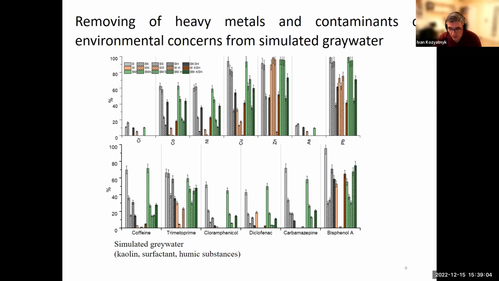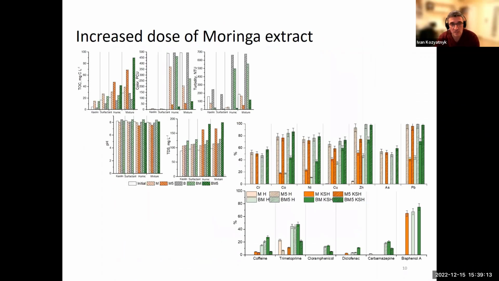And the main problem was humic substances, and therefore we decided to test if increasing the Moringa dosage will increase the efficiency of the process, and we tested a 5 times higher dosage of Moringa extract, and basically it worked.